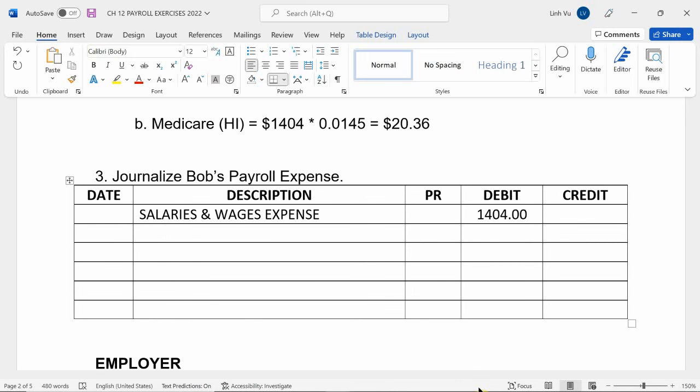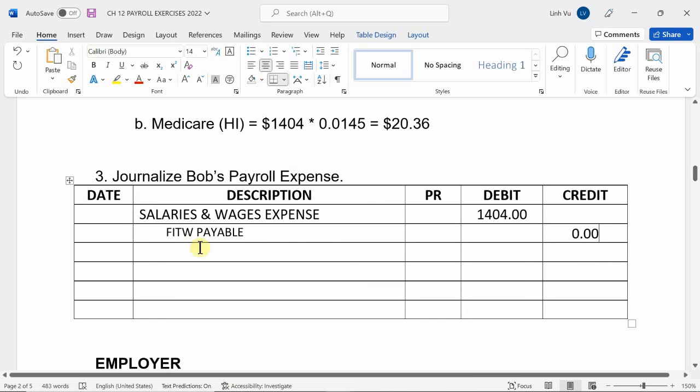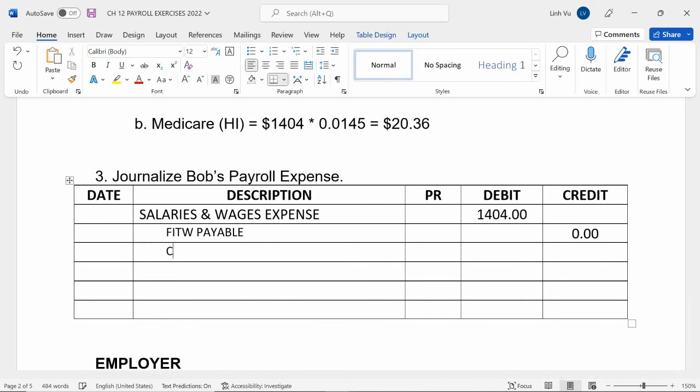Okay, FITW, federal income tax withholdings, which is a total of 0, right? We calculated that as 0. Okay. What's after that? Okay, Social Security, and that's the 87.05.